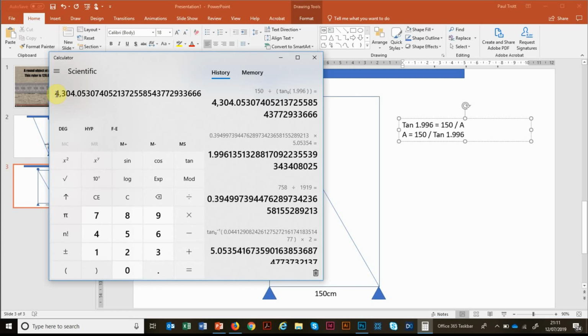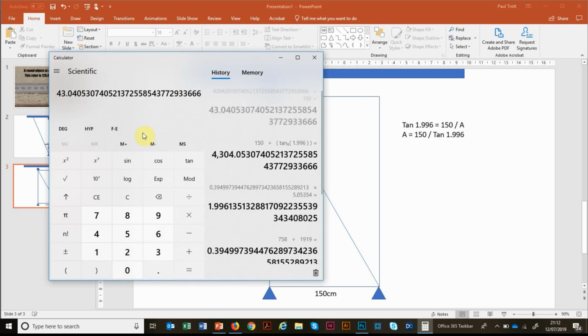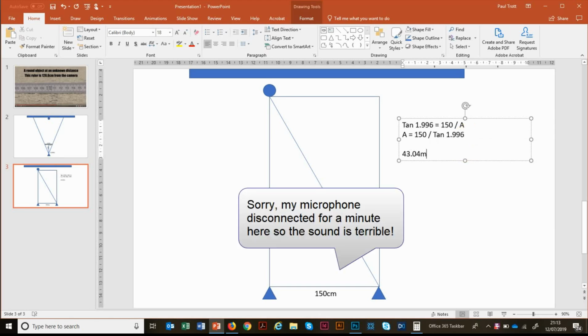Okay, so 4,304 centimeters, which is 43 meters. Wow, that is our distance to the ball. 43.04 meters.